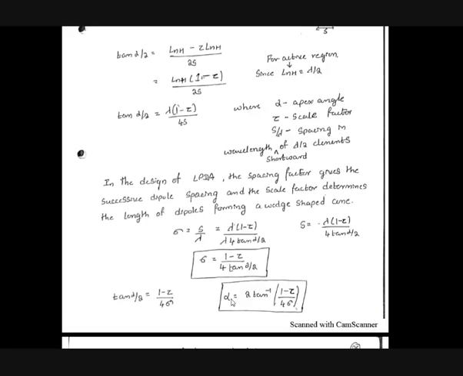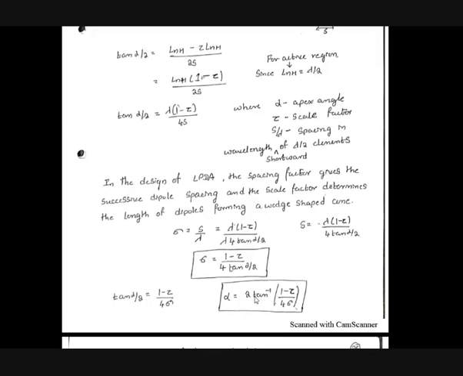Now let us bring that alpha, the pitch angle, in terms of the spacing factor and the scale factor. I'll just take tan alpha by 2 equals 1 minus tau divided by 4 sigma.